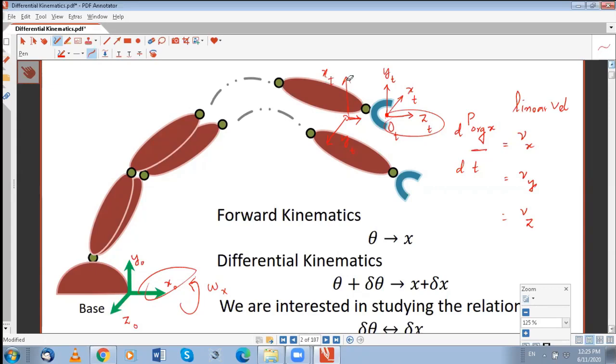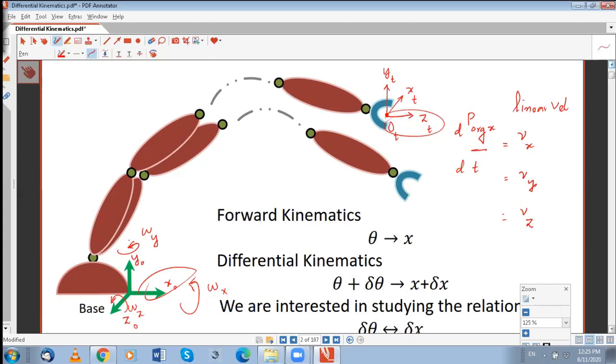Similarly, you might change your orientation about the y of the global frame. We call that omega y. Who will change orientation? The tool will change orientation. And similarly, the tool might change its orientation about the global z, and that's what we call omega z.